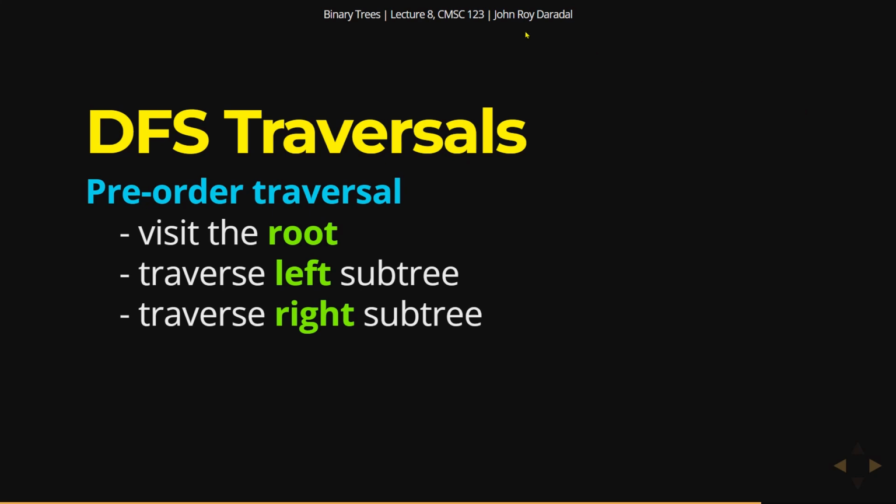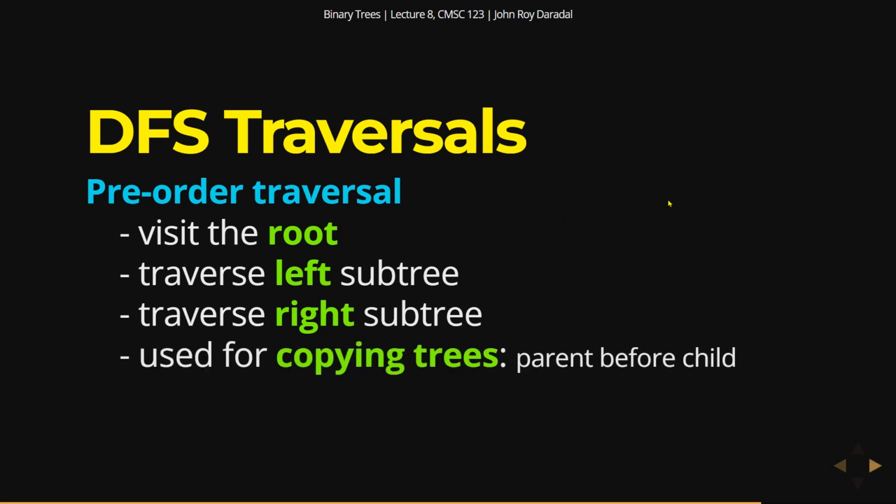So pre-order is root, left, right. We use this for copying trees. If you want to copy a tree, you do a pre-order traversal so that you can copy the parent before the children. That's why you take care of the root first before doing the left subtree and then the right subtree.